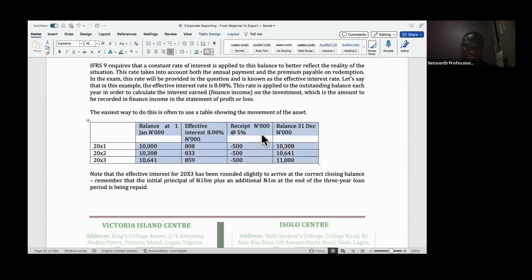This is a constant thing, because when you lend people money, you collect interest, so you have to calculate interest and all of that. Where the difference lies is this. If the examiner wants you to use either fair value through OCI or fair value through P&L, he will specify it, or they just give you those conditions that I mentioned earlier.